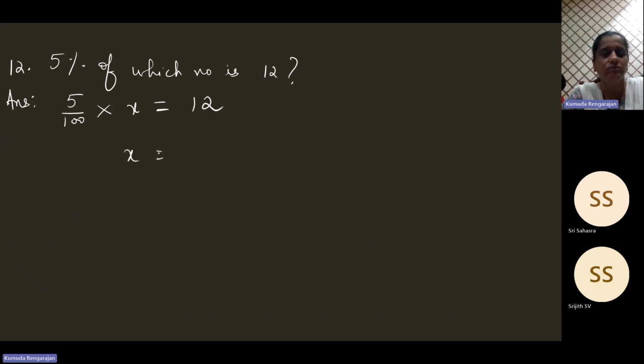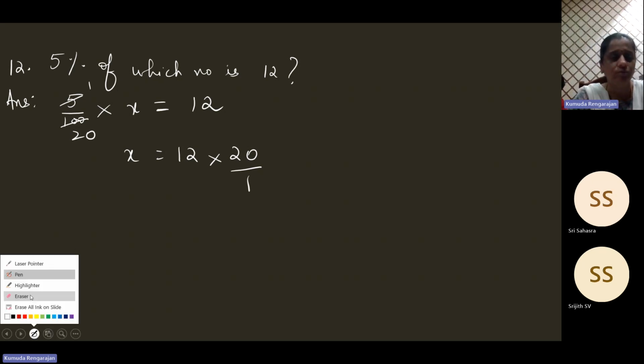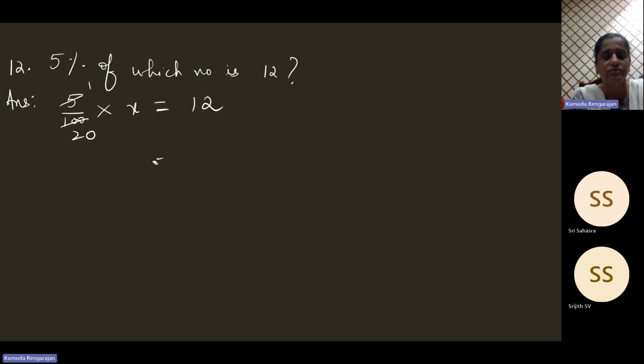So x is equal to 12 into 20 by 1. 1 by 20 becomes 20 by 1 on the other side. Or what you can do, you can just multiply like this.